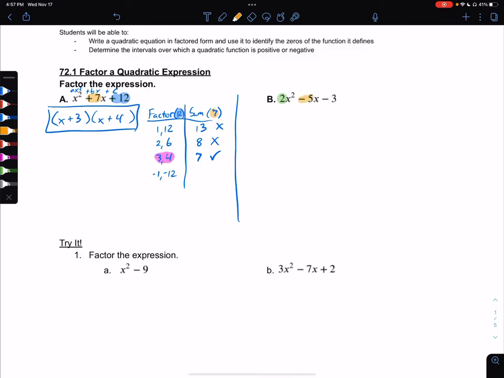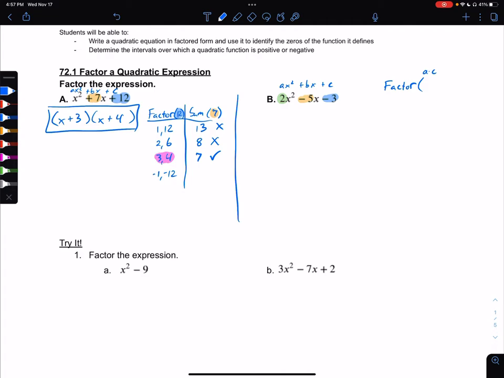So I still have my a, b, and c values. I'll highlight them accordingly. So we have ax squared plus bx plus c. This time we're going to use something called the AC method. We're still going to look at factors and sums, but this time we want the factors of a times c.